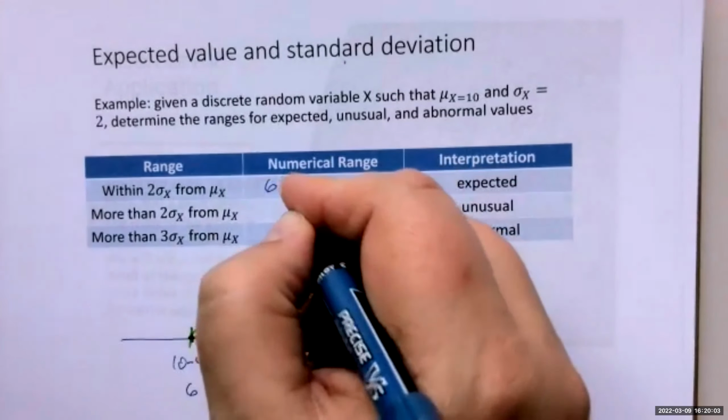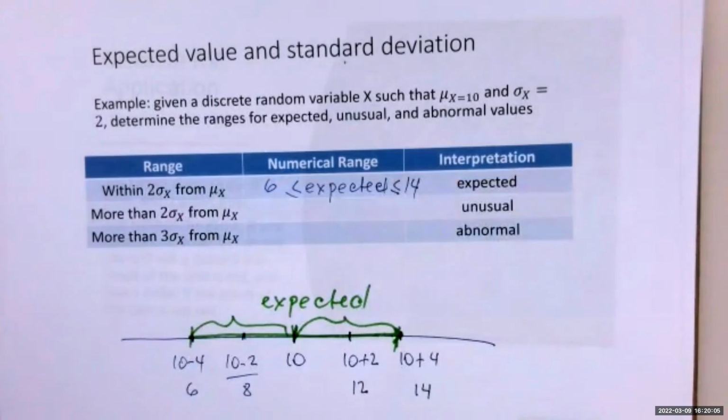By the way, we're going to include those numbers, 6 and 14.